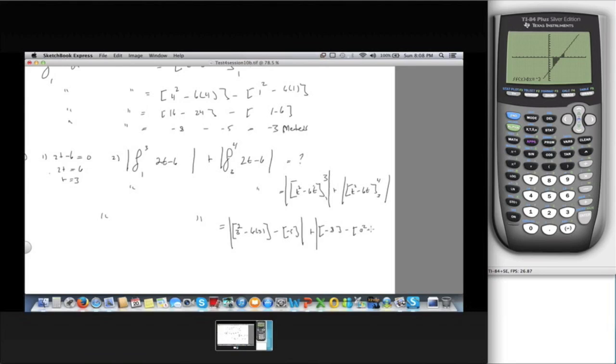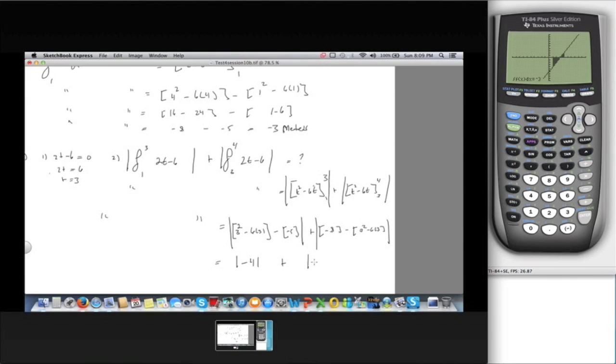3 squared minus 6 times 3 is -9. -9 minus -5 is -4. So we're taking the absolute value of -4 plus the absolute value of -8 minus, I believe that was -4.